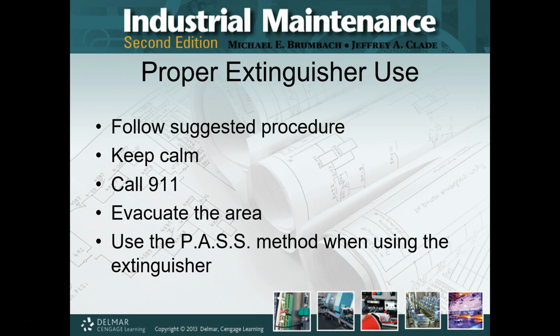That's our first S. And you're going to sweep. You're going to sweep from closest to you out, away, and left and right. So basically like you're literally sweeping the fire away from you. By doing this method, you're guaranteed to nail the area that is burning.